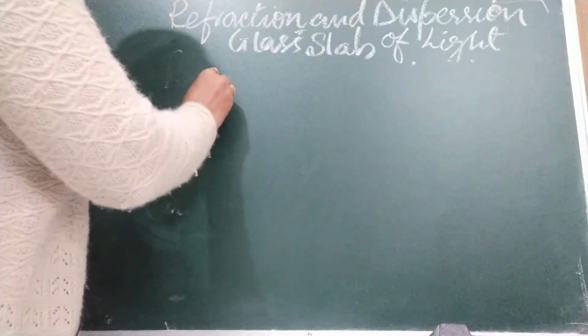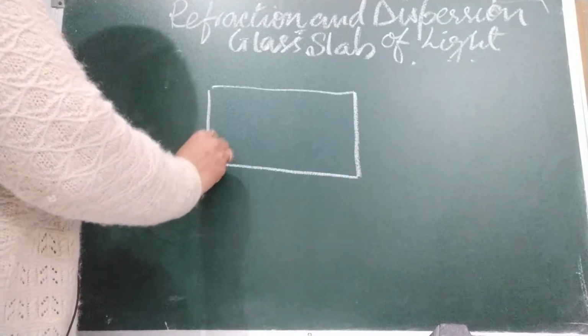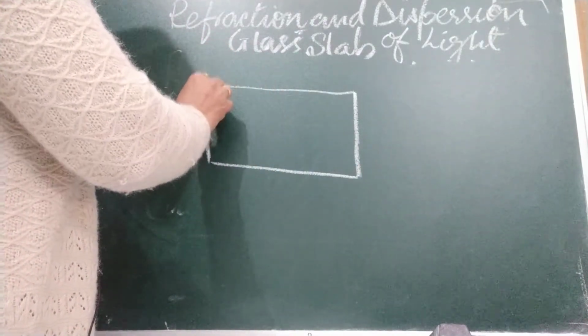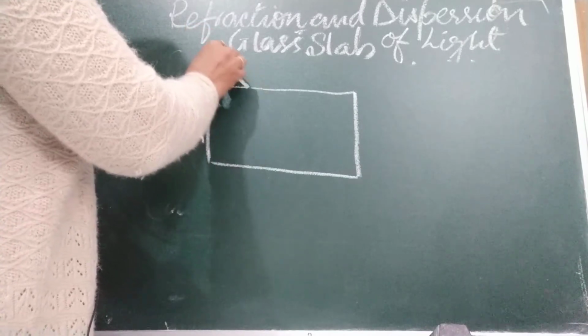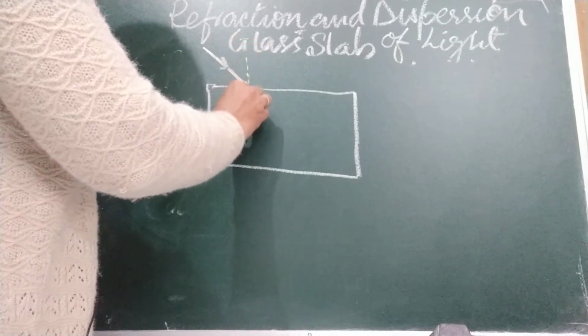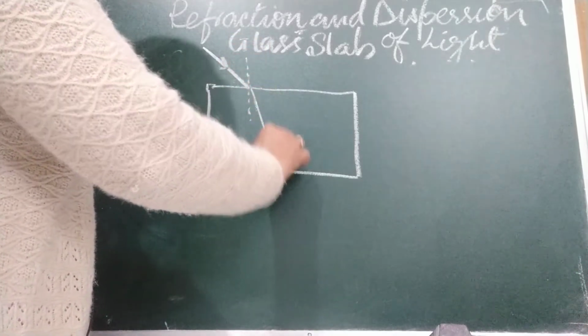This is a glass slab. What is a glass slab? It is made of solid glass and two sides are parallel to each other. What happens in this? When the ray of light falls, the incident ray, it bends towards the normal.